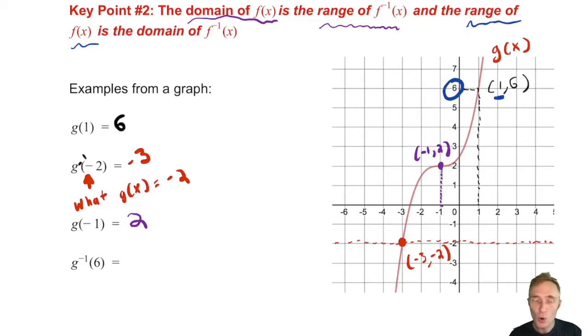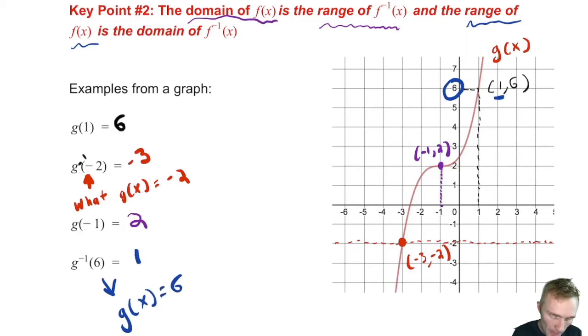So if I put a 6 into the inverse, it would give me 1. It would give me what I would put into my original function to get 6. This is asking the question, g of what value equals 6, and the answer is 1.